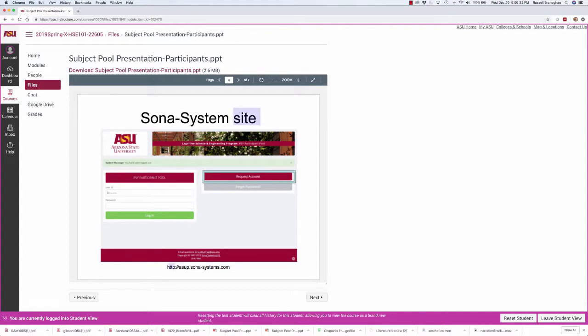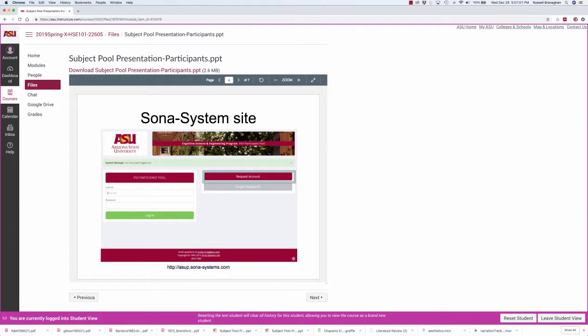It's important for you to know to go to this URL here. So it'll be ASUP for ASU Polytechnic, asup.sonasystems.com. If you don't follow this particular URL, you may very well end up at the Tempe Psychology site, and you won't be able to get in there because you're not taking a psychology class, you're taking a human systems engineering class.